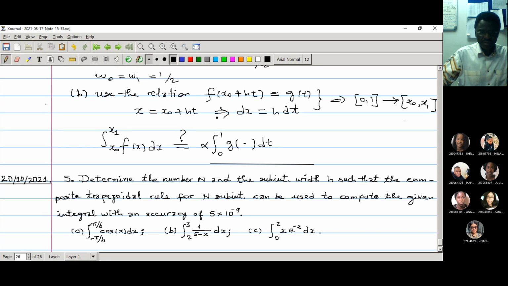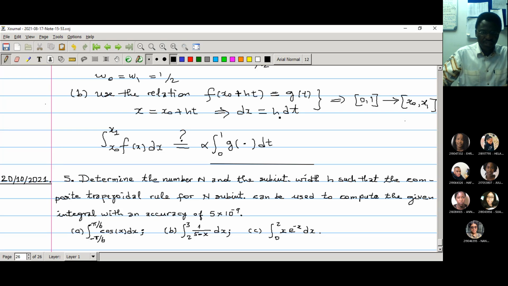So you write this integral from this, because you replace your x with this value. Once you replace with this value, your f becomes this, g t. Now the dx is this one. You replace your dx by dt.